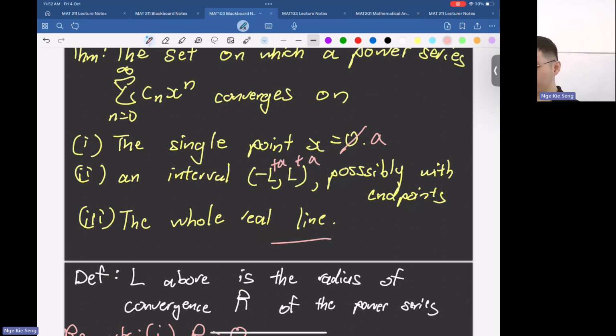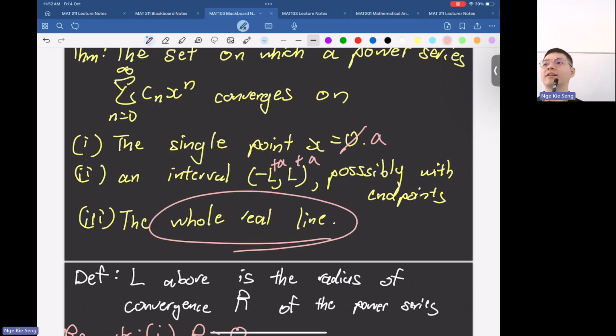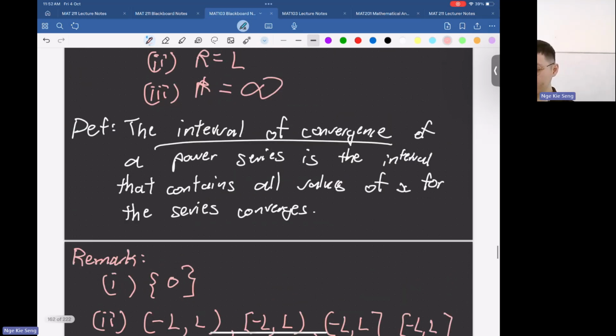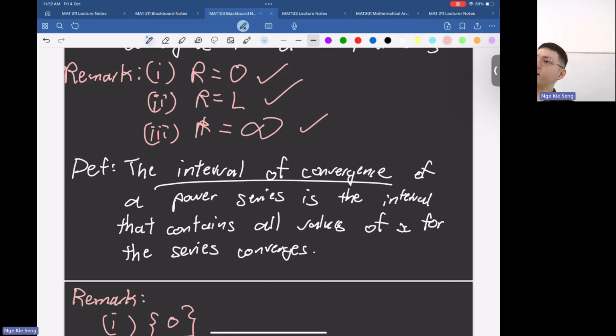But if you want to shift the whole real line again, what do you get? Again, the same whole real line, no? So it doesn't change. So in the end, what happens here? The radius wouldn't change, right? We just change the center.